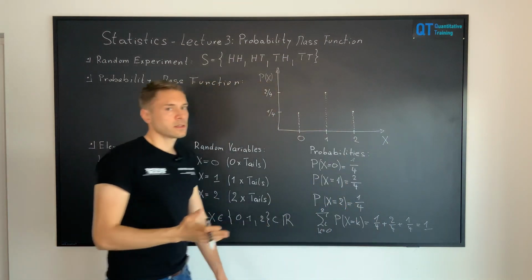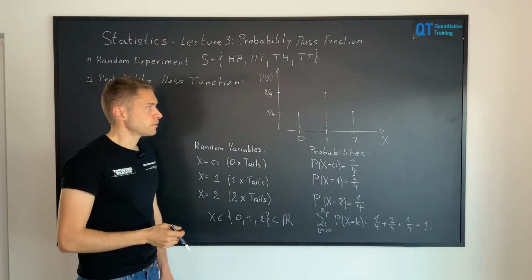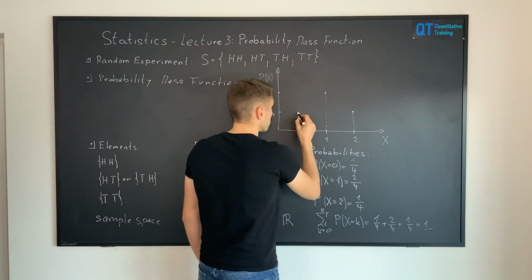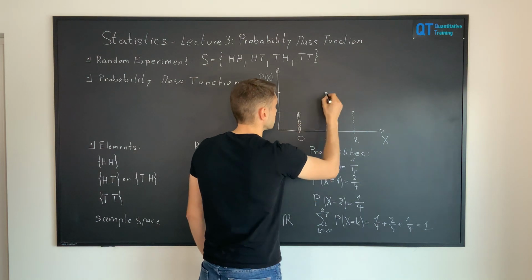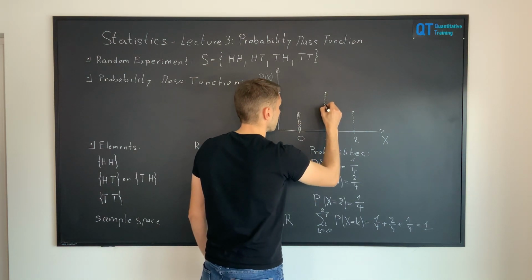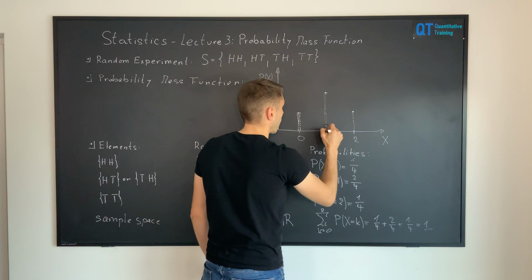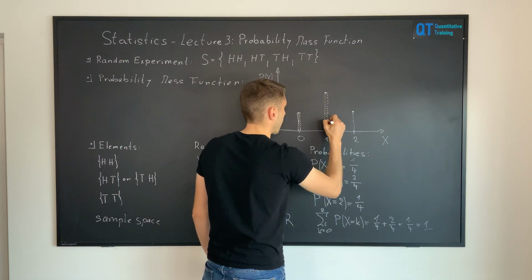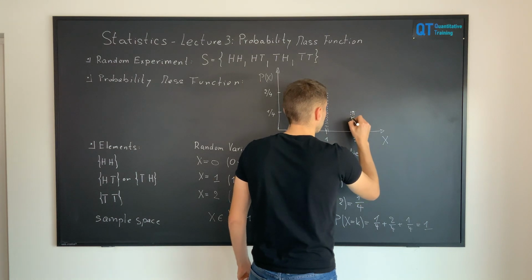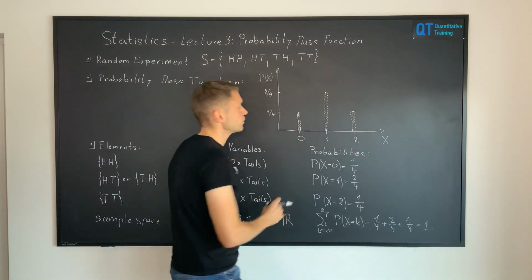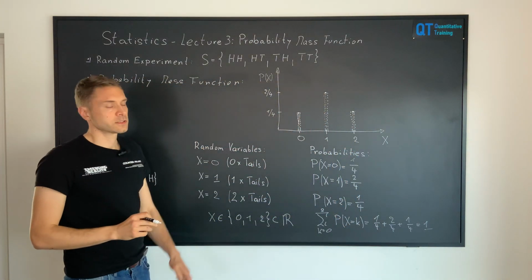For better illustration, we can draw a small box around each to make it even more visible, giving a histogram style representation. These are the three random variables with the associated probabilities.